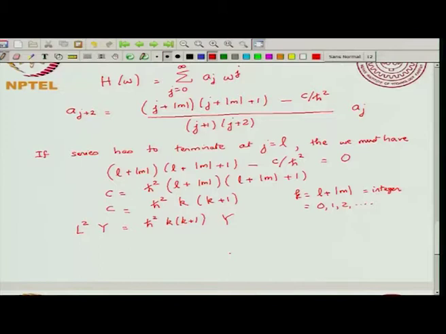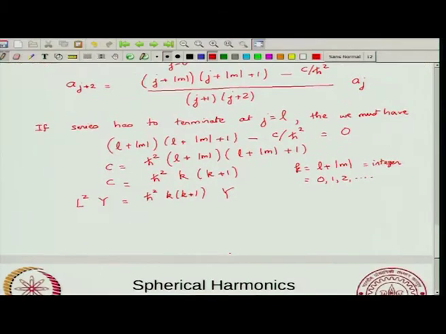So when this series terminates, the solutions, this Y of theta phi, takes the following form.